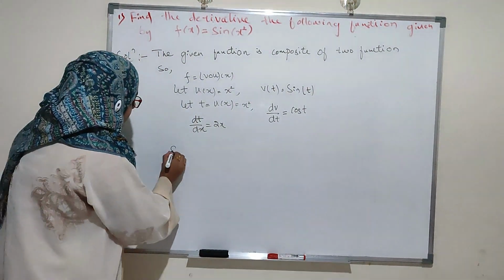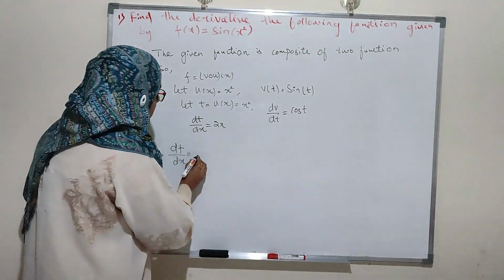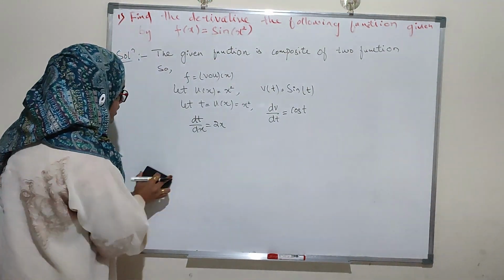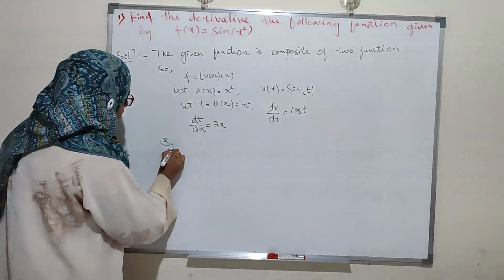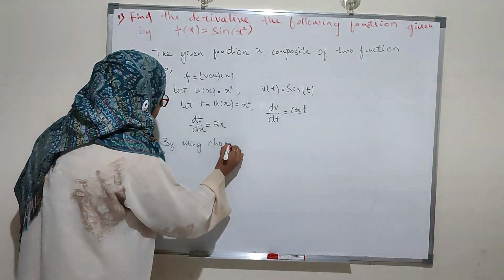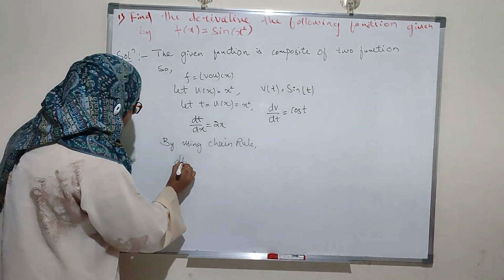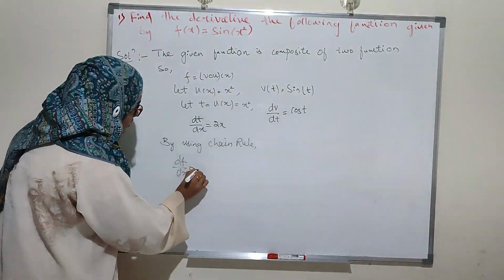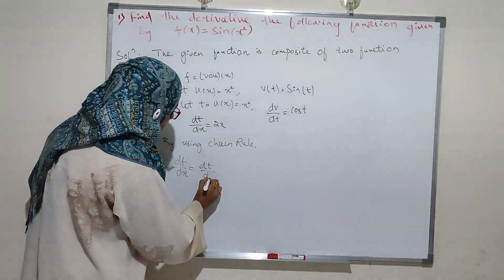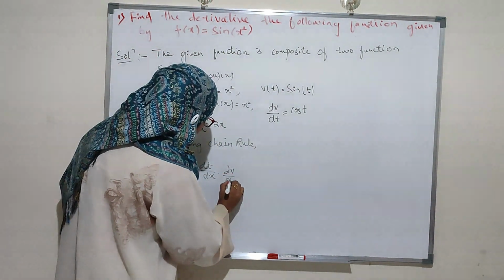Okay. Now finally write df by dx. Differentiation of the given function, by using chain rule. Write one sentence here: by using chain rule, differentiation of f with respect to x is dt by dx into dv by dt.